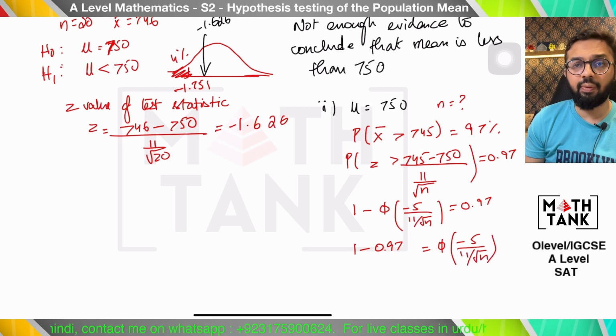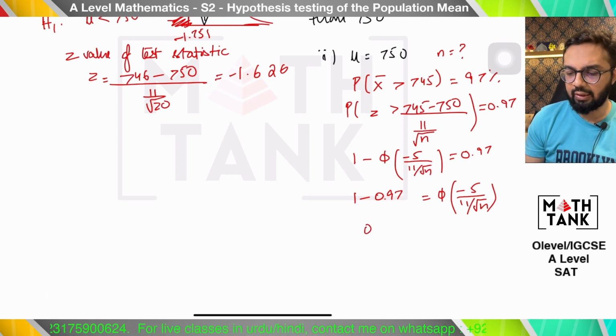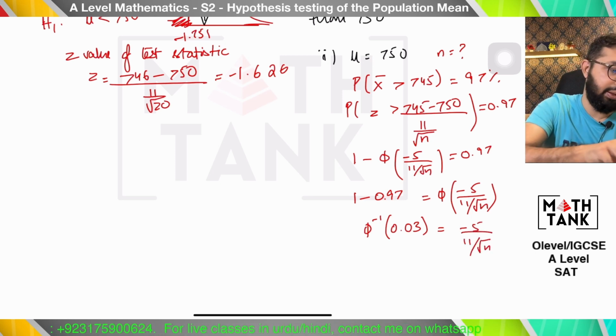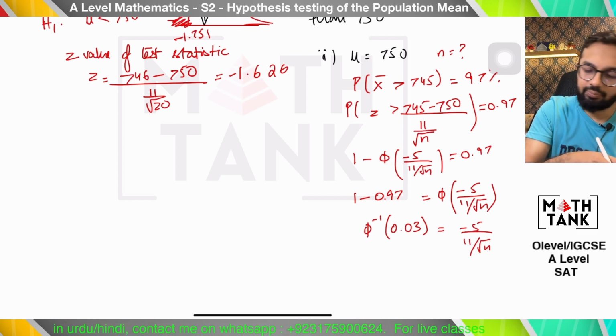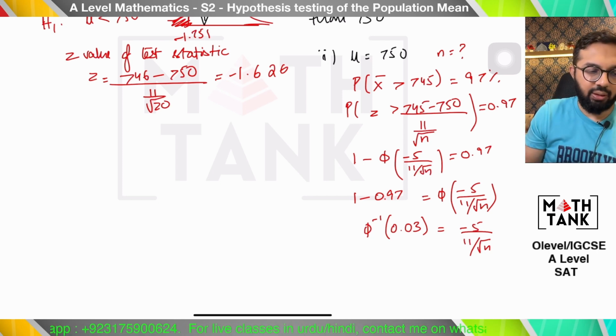You can solve it in whichever way you want. If you want to simplify the minus and take 97% on the other side, that's absolutely fine. I'm going to use my calculator to do that, and I'm going to get a negative answer. So what's inverse normal? Minus 1.881.